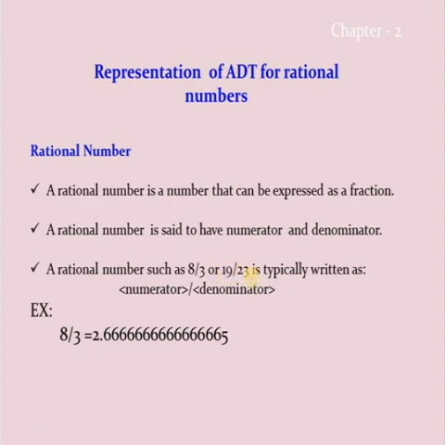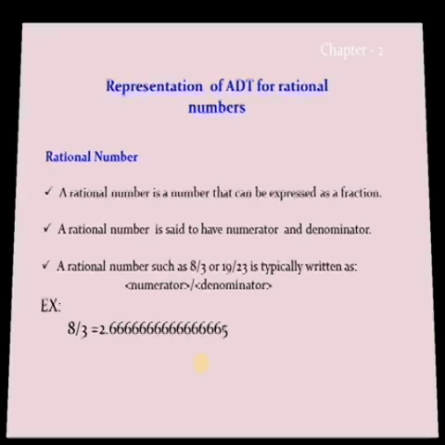It will have a numerator and a denominator. In this example, 8 is the numerator and 3 is the denominator, and this is the result of the fraction. Am I right? This is a mathematical thing. Now we are going to implement this concept in our abstract data type concept.